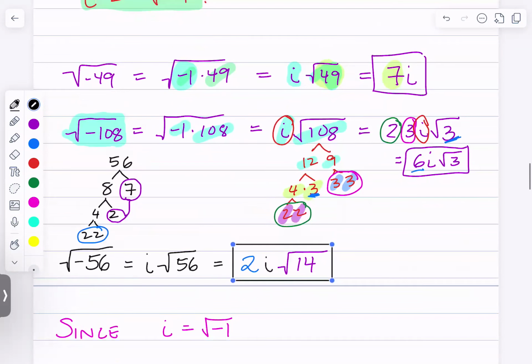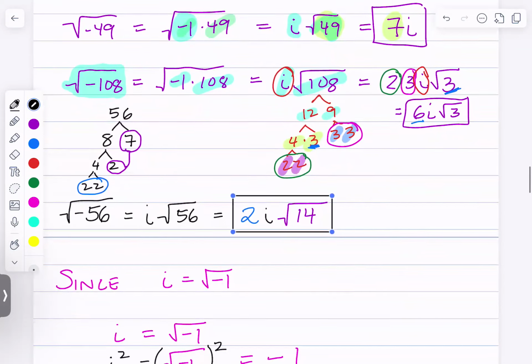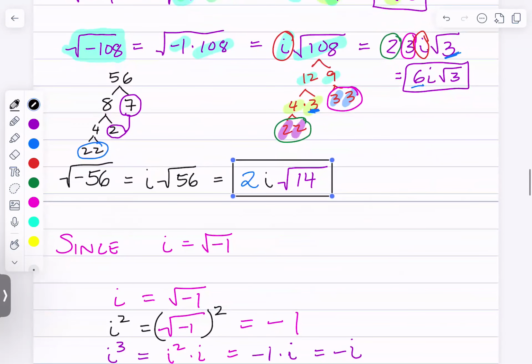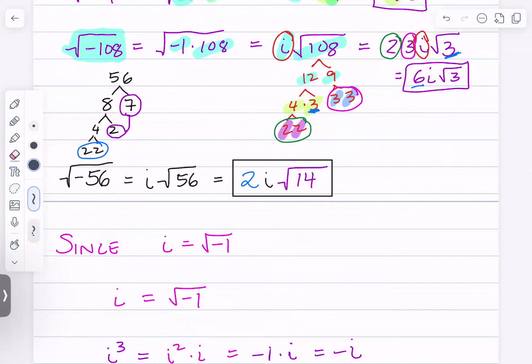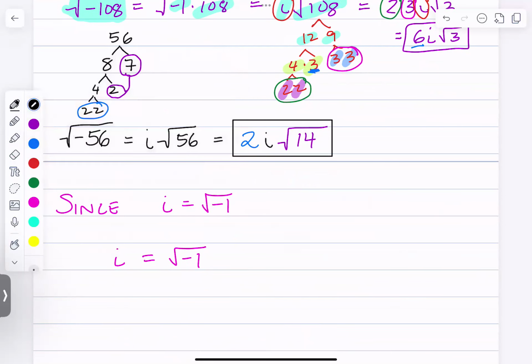Okay. So since i equals the square root of negative 1, there's going to be a pattern that we're going to do right now. i squared, you know what? I'm going to erase this so we can do this together. i equals the square root of negative 1.